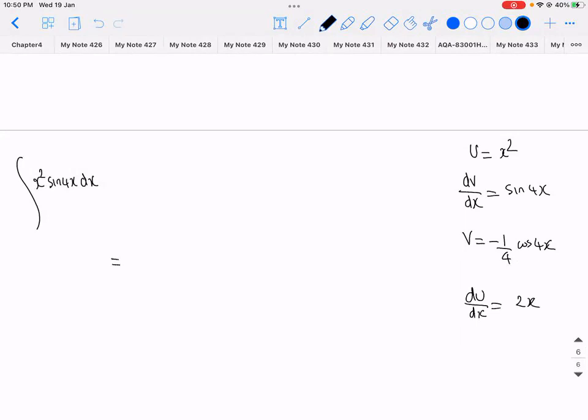So this becomes x square multiplied by minus 1 by 4 cos 4x, then minus the integral of minus 1 by 4 cos 4x multiplied with the derivative of x square, that is 2x dx.